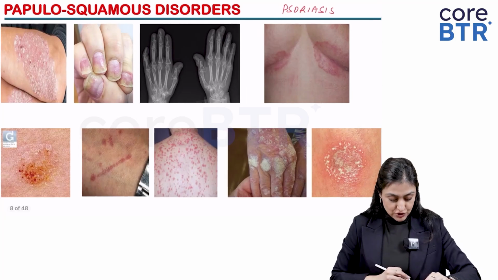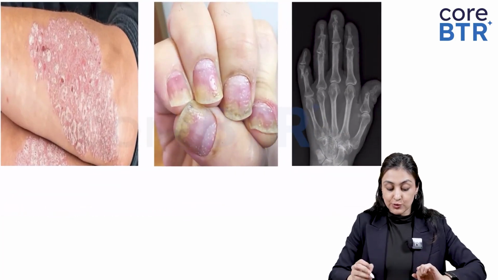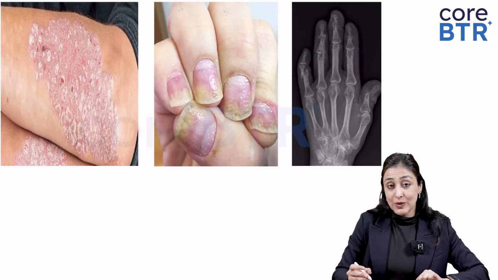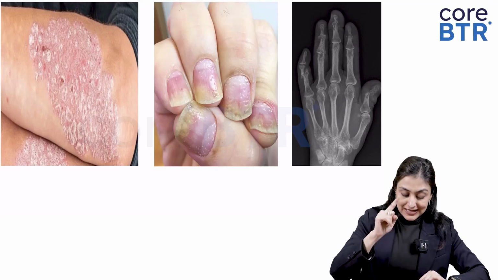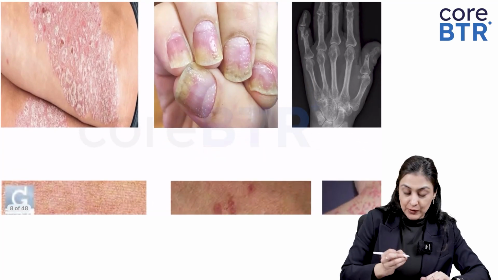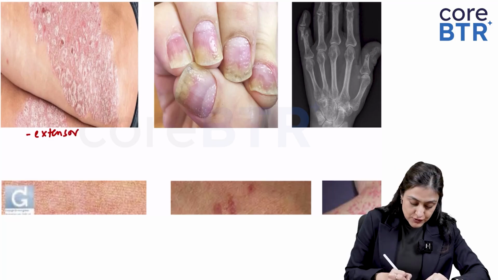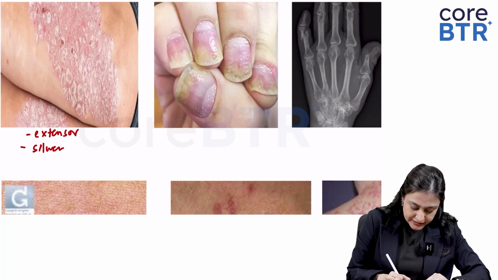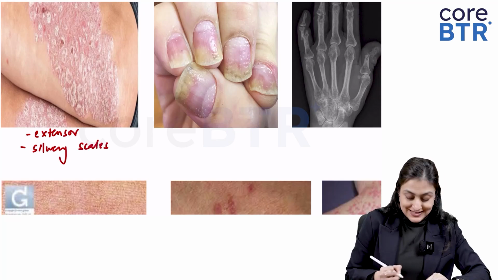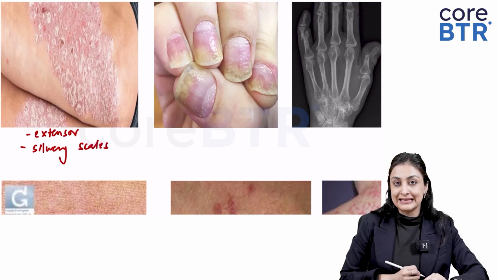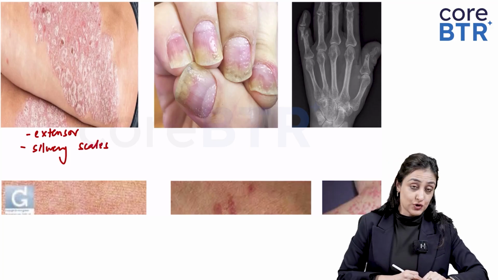Right? So now let's talk about psoriasis. How is the prototype lesion? This is where you see three buzzwords: erythematous lesions that you can see on the extensor surfaces associated with silvery scales. So extensor, silvery scales, erythematous lesion is prototype psoriasis.